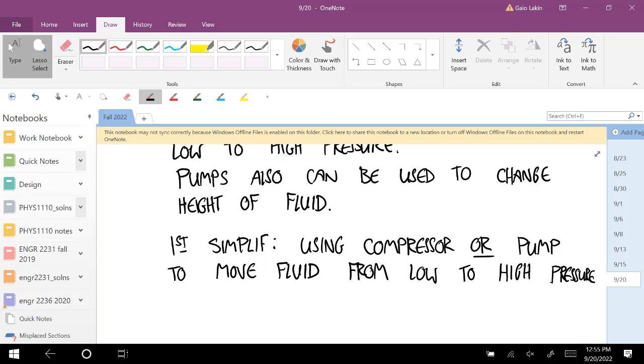In any refrigeration system or power cycle system, you need a way to get your fluid from a lower pressure to a higher pressure at some point in the cycle.